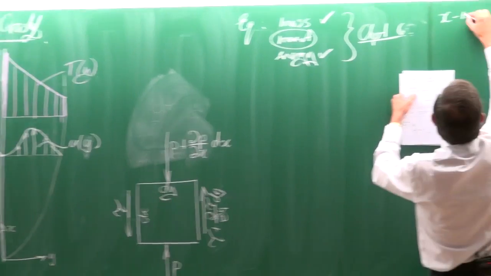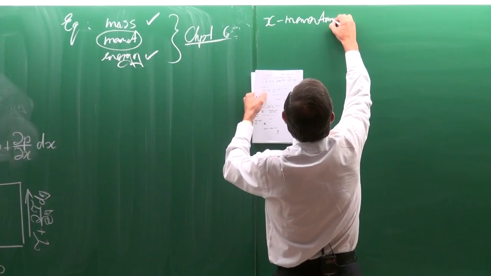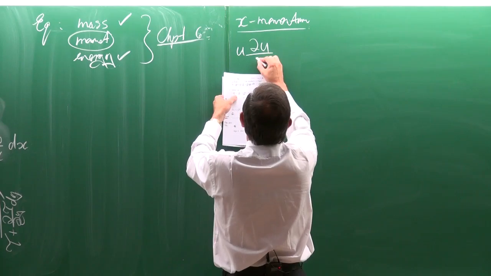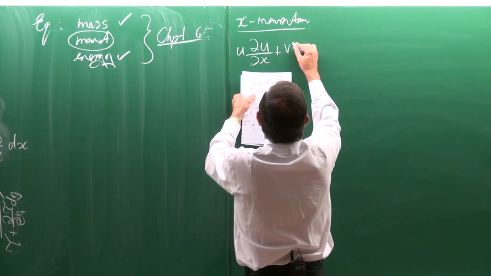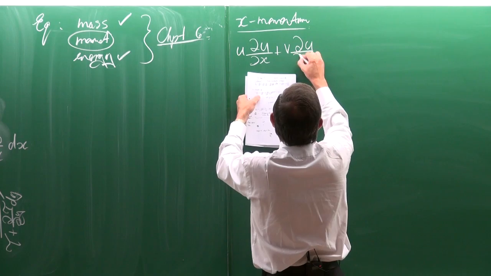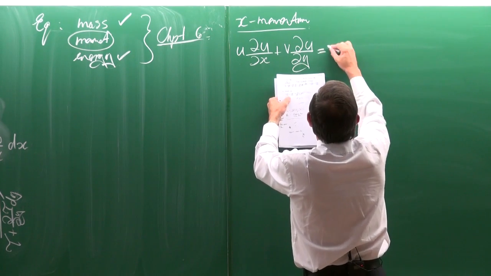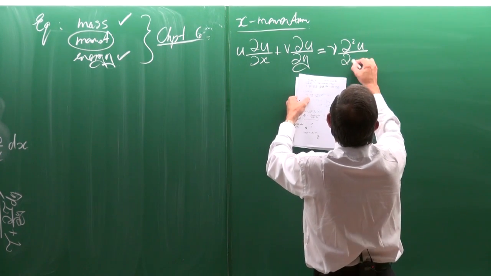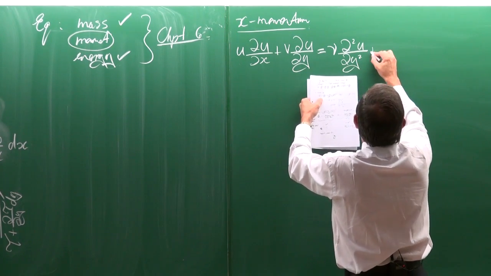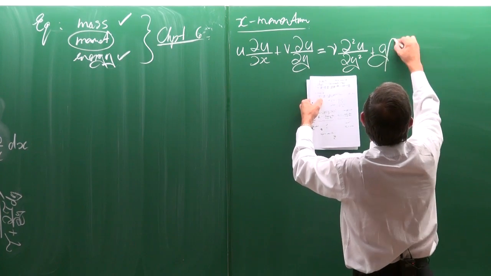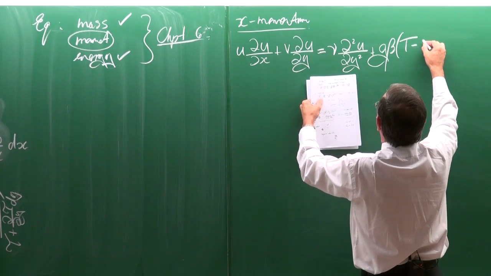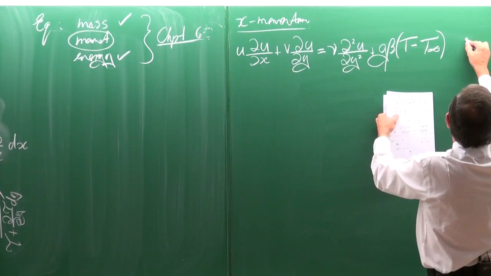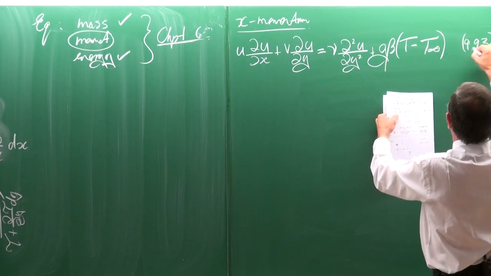Let me write it like that: u multiplied by partial du dx plus v multiplied by partial du dy is equal to the kinematic viscosity multiplied by partial d2u dy2 plus, and now this term, g multiplied by beta multiplied by T minus T infinity, and that is equation 9.93 in your textbook.